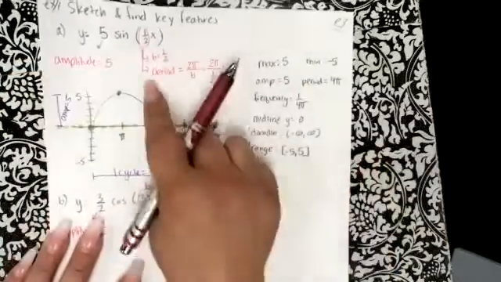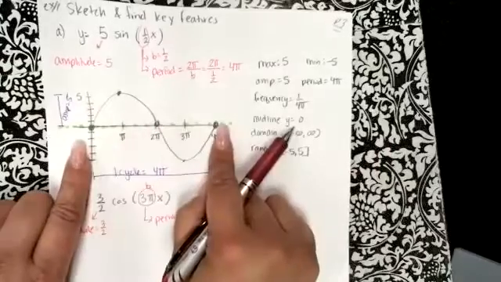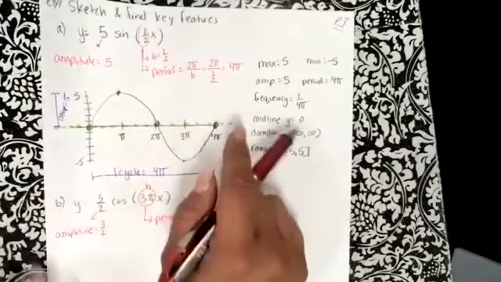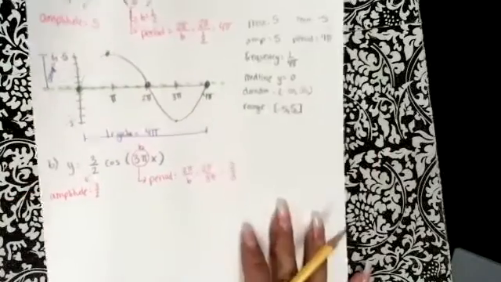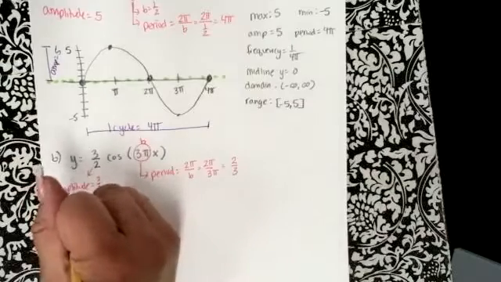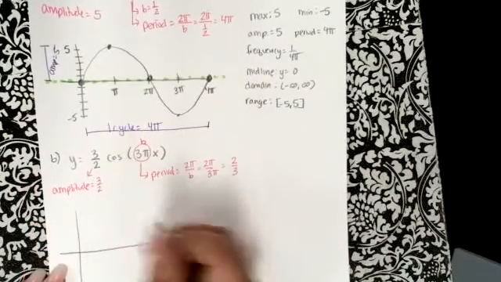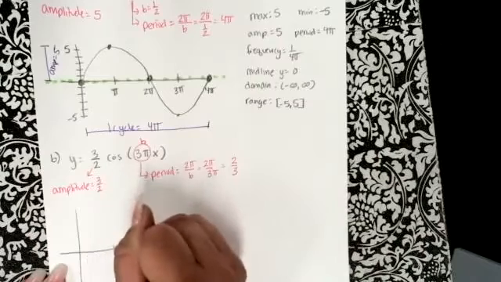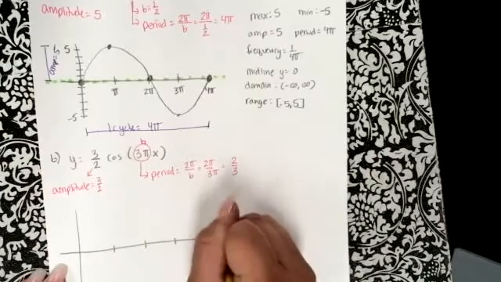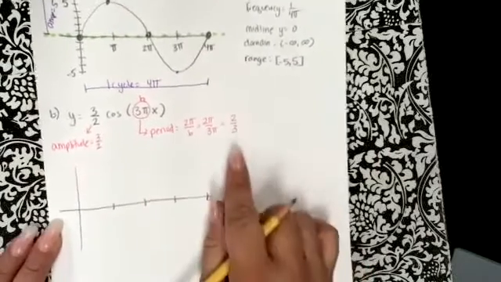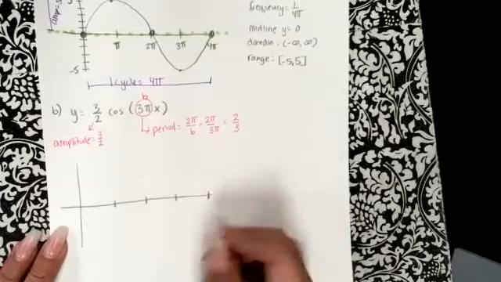Like right here, my period was 4 pi, and I divided by 4, and that's what each marking was. So I'm going to definitely need 4 markings. The last marking is going to be the 2/3.